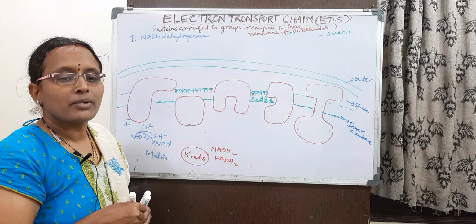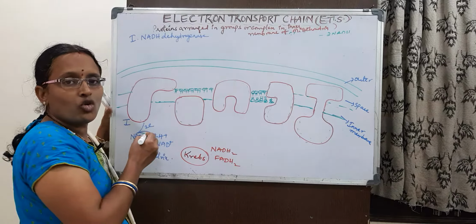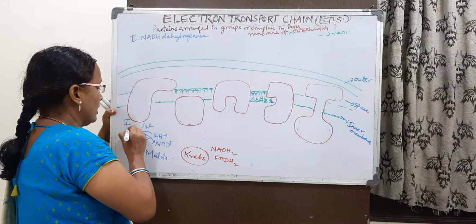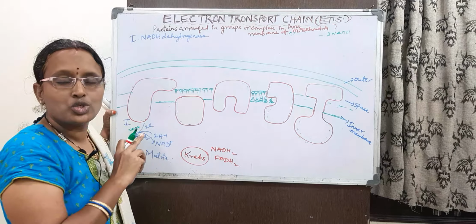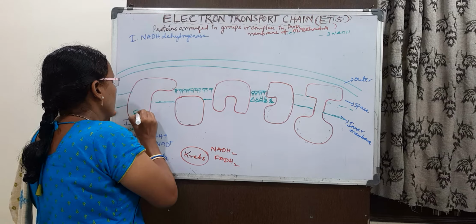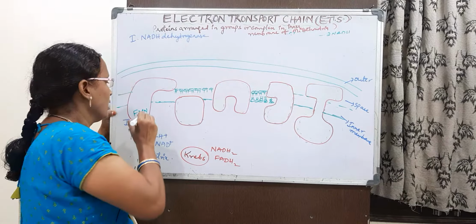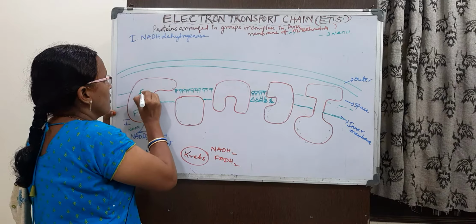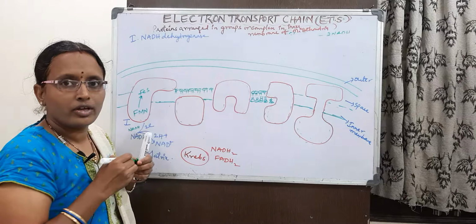In the first complex, the NADH dehydrogenase complex, we have FMN, flavin mononucleotide, and FeS, the iron sulfur protein.